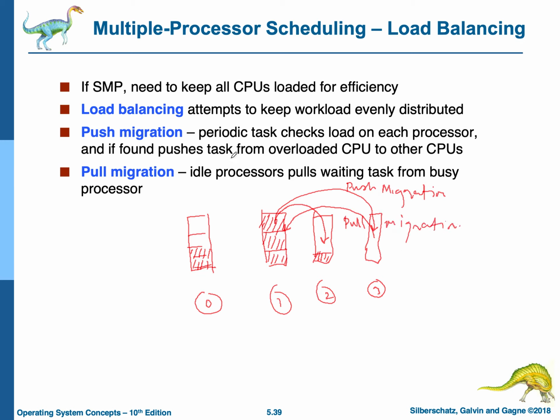Periodically, tasks check the load of each processor. If someone is found available, the task is pushed from the overloaded CPU to another CPU. And in pull migration, the idle processors pull the waiting tasks from busy processors. So these two concepts, push migration and pull migration, achieve load balancing.